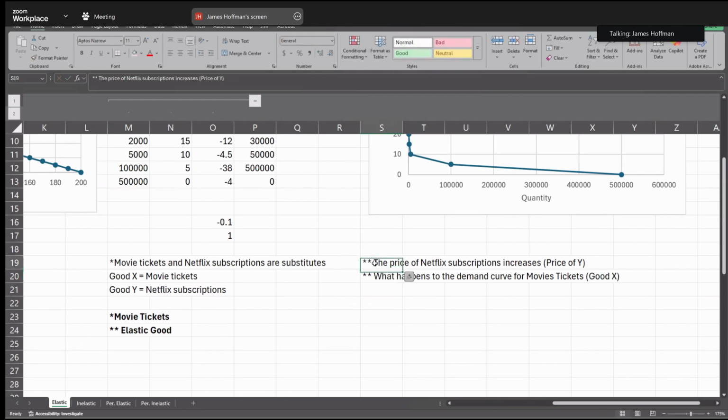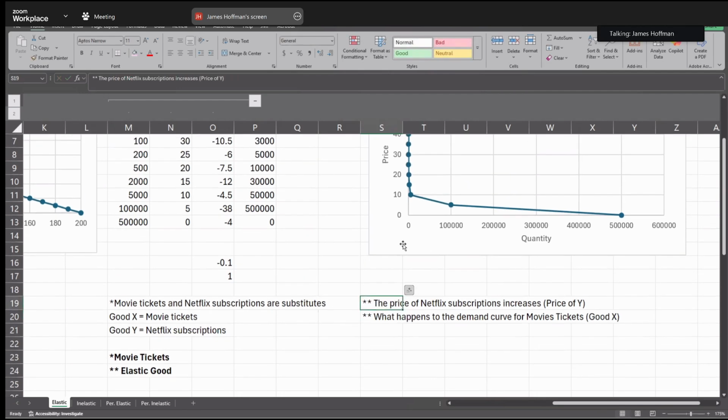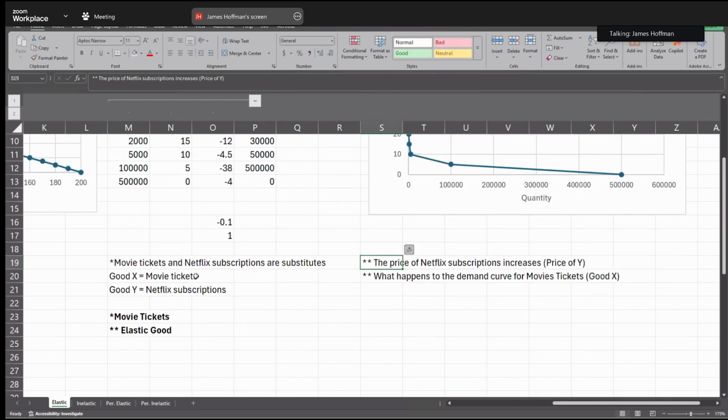Okay. So we got our demand curve here of movie tickets. We've defined movie tickets and Netflix as substitutes. Good X is movie tickets, good Y is Netflix subscriptions, and we know that the price of Netflix subscriptions increases. So the question is, what happens to the demand curve for movie tickets? That's the question.